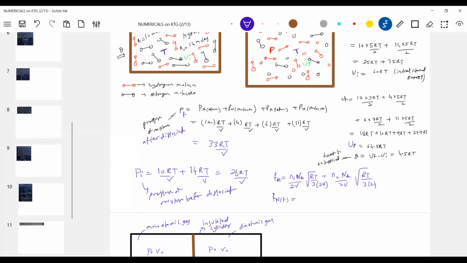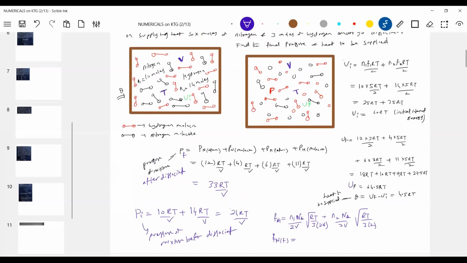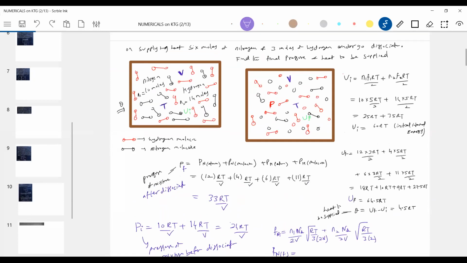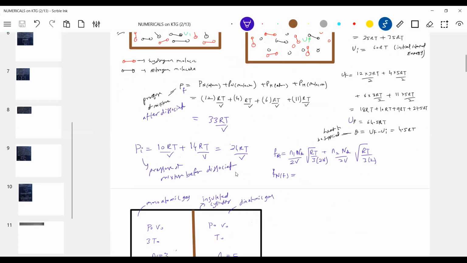Yeah. Now again, same thing, substitute all. You have to be careful with the molecular mass. 6 moles of nitrogen will undergo dissociation. So how much will be there? 12 will be there. So 12 Na by 2V, RT by 3 into 14, plus 4 Na by 2V, RT by 3 into 28.